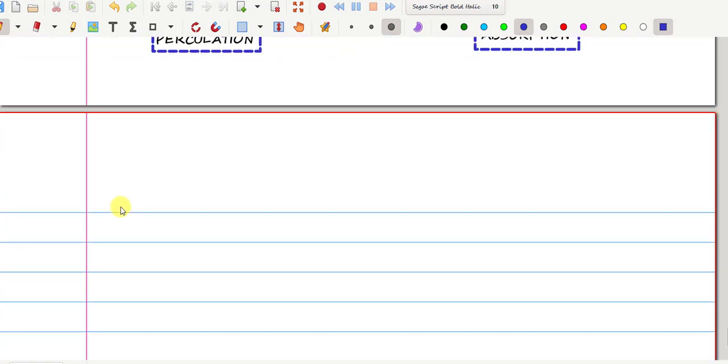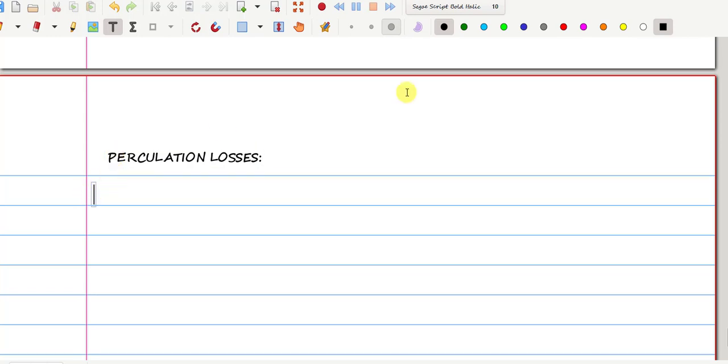Let's write down some important points related to both terms, percolation and absorption. The first term is percolation losses.